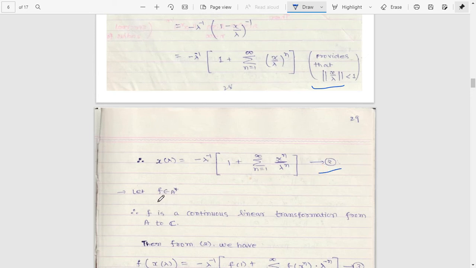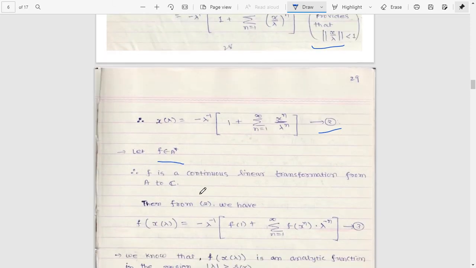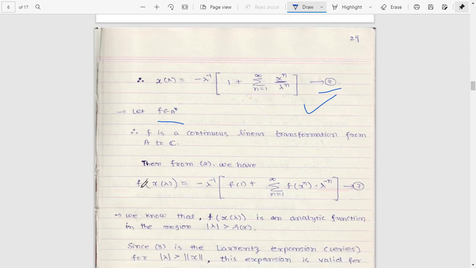Let f belong to A star. So f is a continuous linear transformation from A to C. Then from equation 2 we have f of x_lambda equal to minus lambda inverse into f of 1 plus the summation n equal to 1 to infinity of f of x raised to n into lambda raised to minus n.